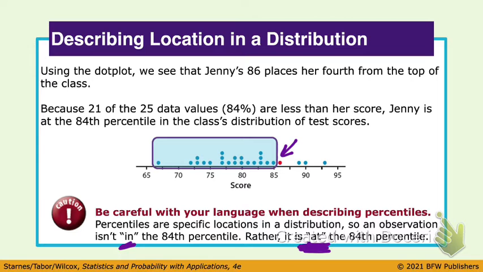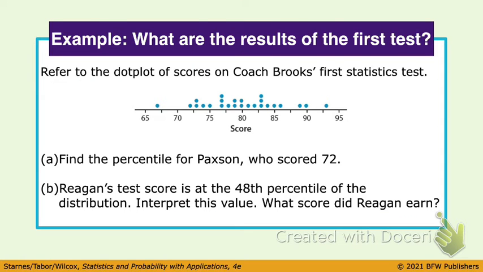Again, looking at this same distribution, let's do a couple of examples. Refer to the dot plot of scores on Coach Brooks' first statistics test. Find the percentile for Paxson, who scored a 72. So 72 would be right there. Paxson scored the second lowest score in the class.